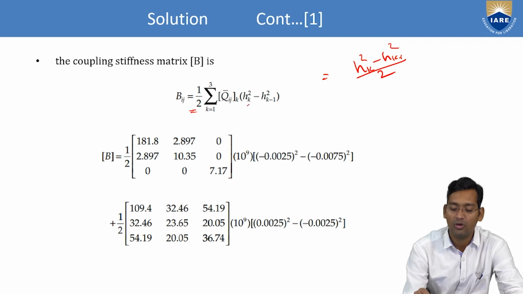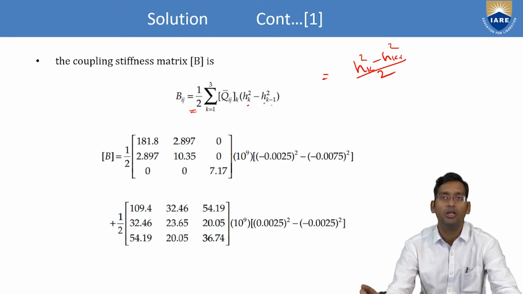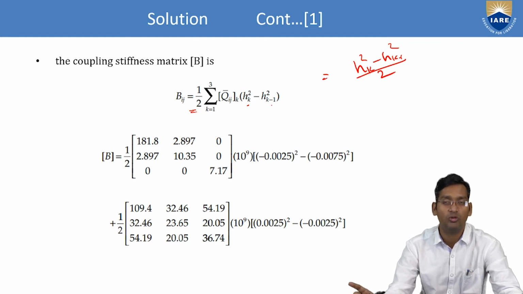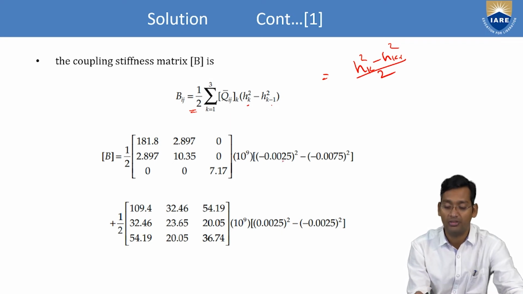Qijk into Hk square minus Hk minus 1 square. So here you have to take the square of each and then subtract. First you have to make the square and then subtract. So now for the first ply, Hk was minus 0.0025, its square minus the square of minus 0.0075.